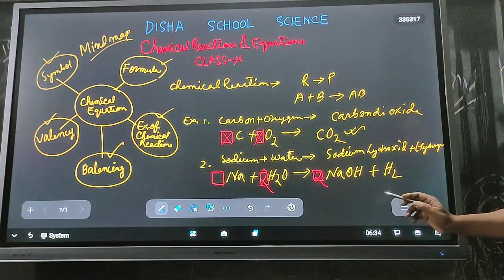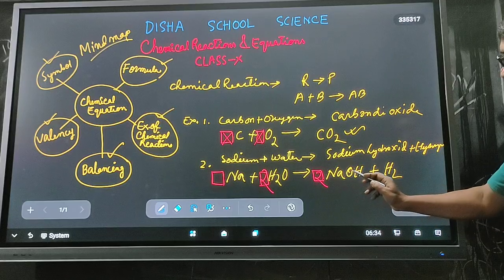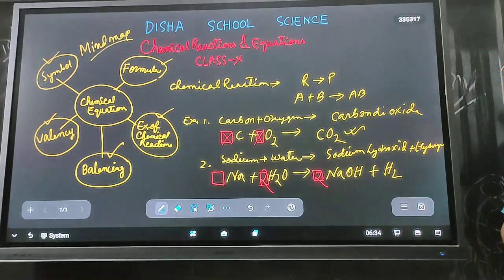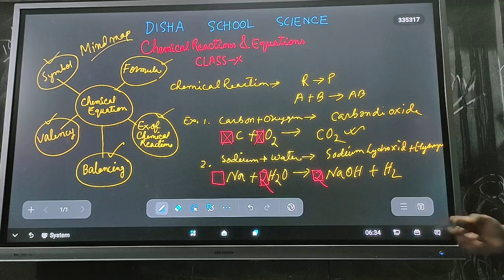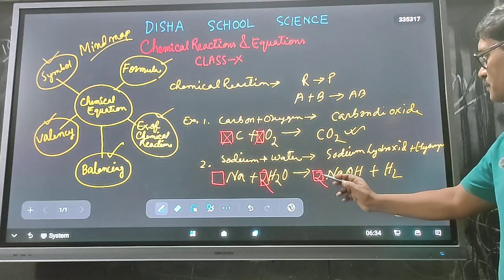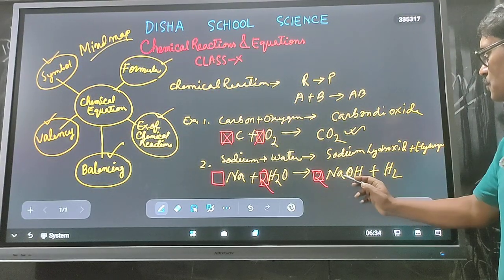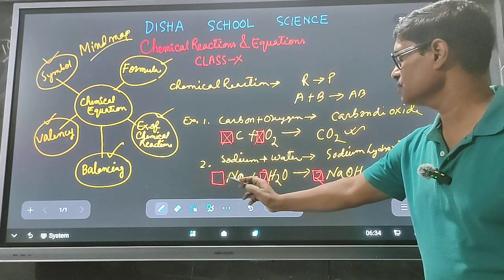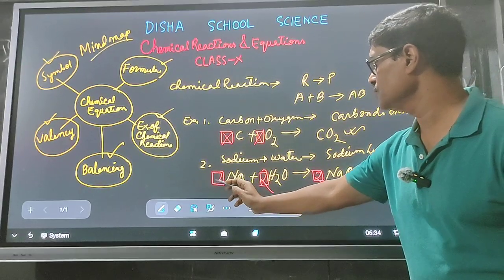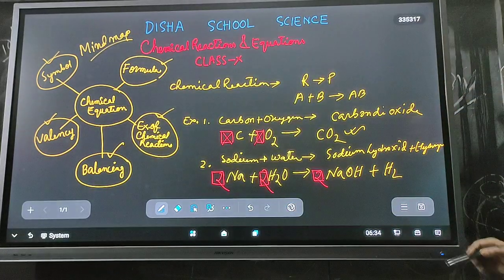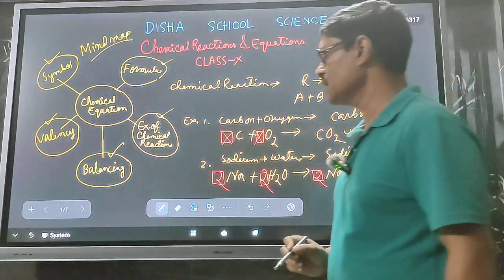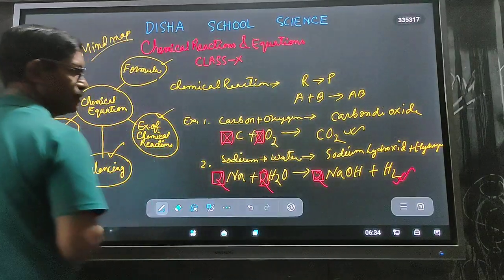And on this side, how many oxygens are here? This oxygen 1, this 2 is there. So 2. Oxygen is also balanced. Then we see sodium. Product side 2 sodium, but reactant side 1 sodium. So we put 2 here. So ultimately it becomes balanced. So like this we can balance a chemical equation.